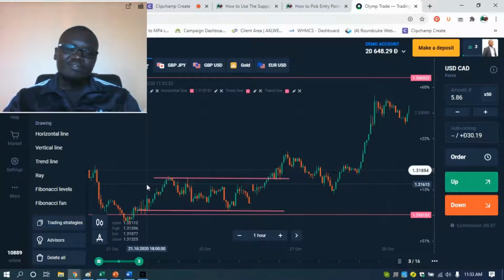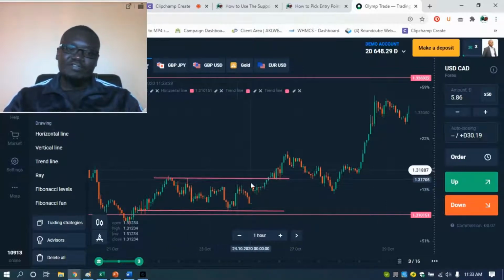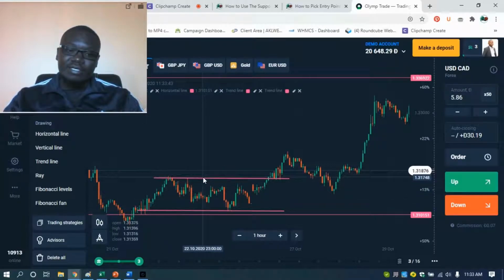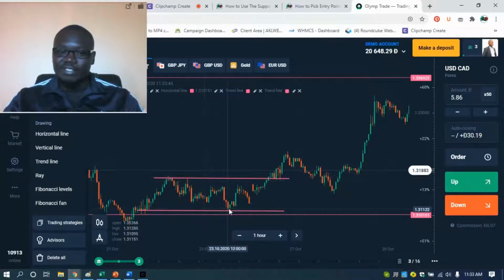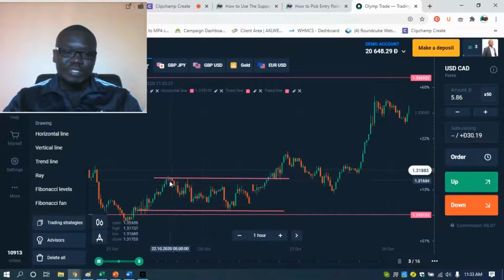Instead of having a defined trend, we see that prices are just moving up and down within a specific channel. On this level, this is our resistance level, this is our support level. We see prices have been moving between these two channels for some time.